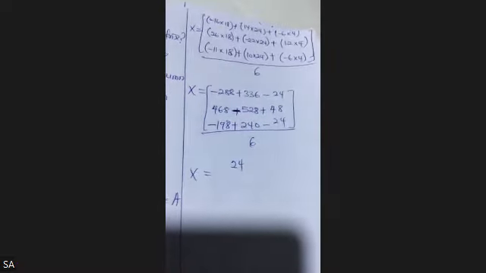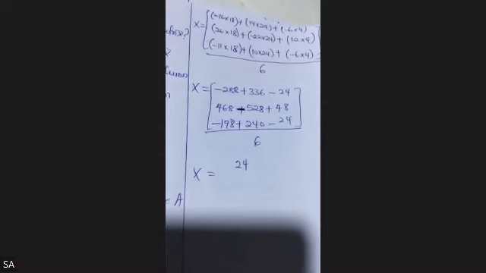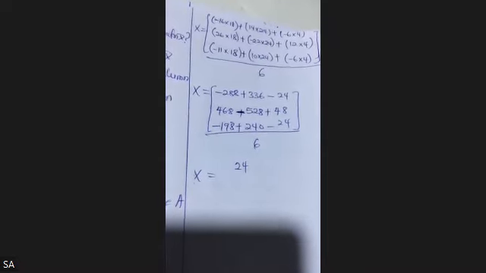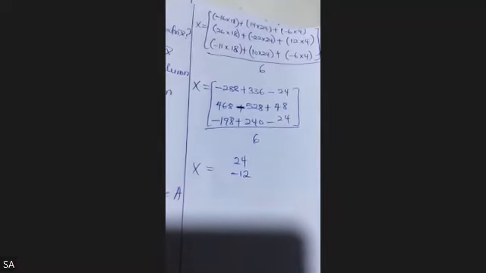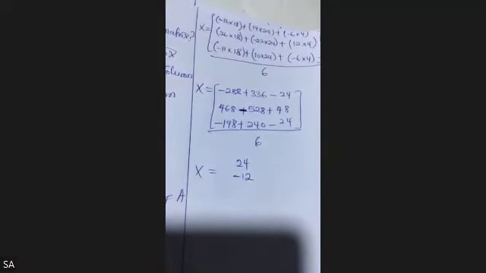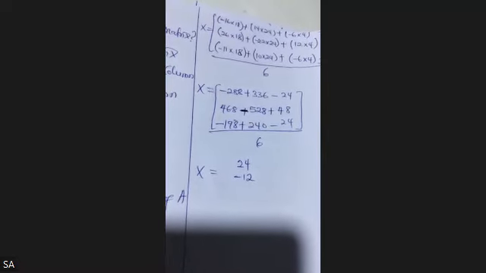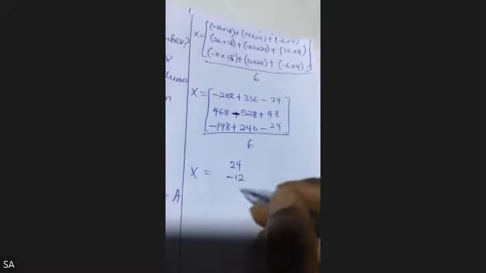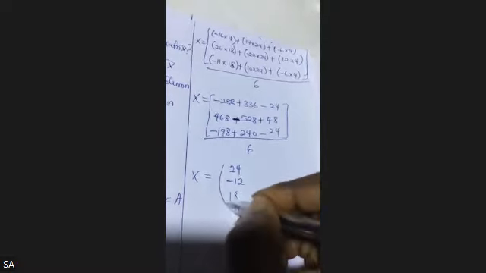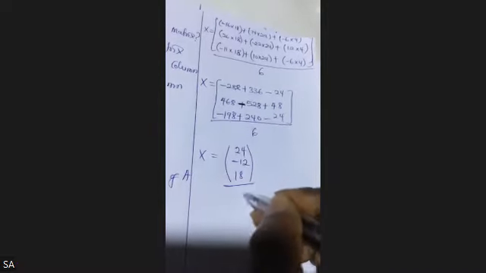Next one, 468 minus 528 plus 48 equals minus 12. Next one, minus 198 plus 240 minus 24 equals 18. So divided by 6.